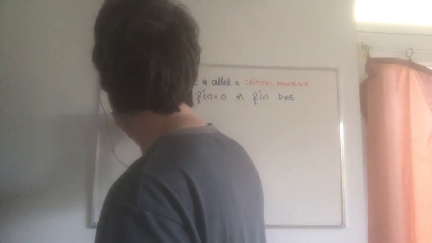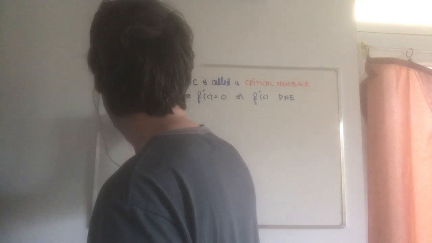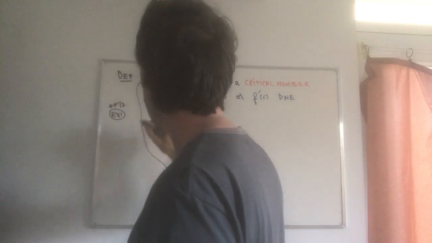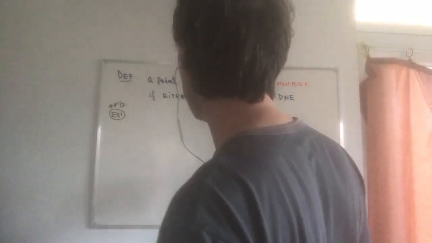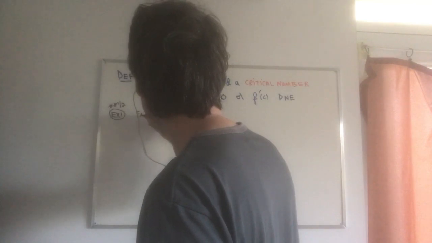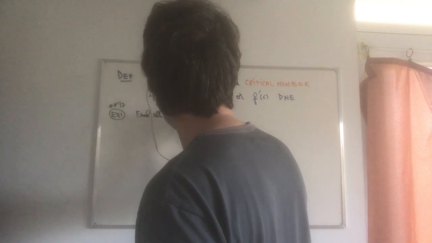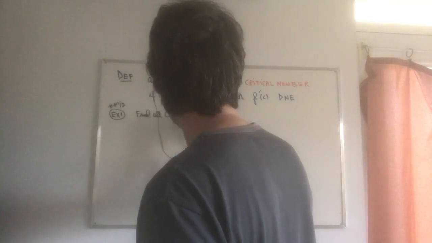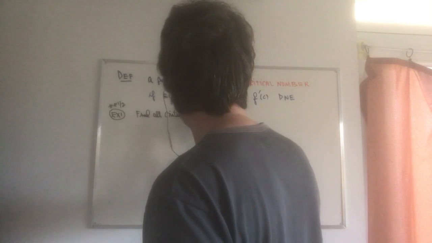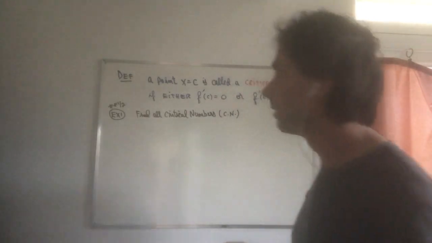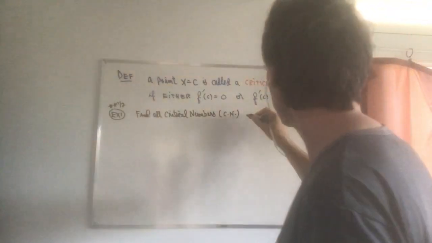So take a look at an example here. This is going to be labeled 2.5 stars. We would like to find all critical numbers of a function. From now on, CN, critical number, will do the job.